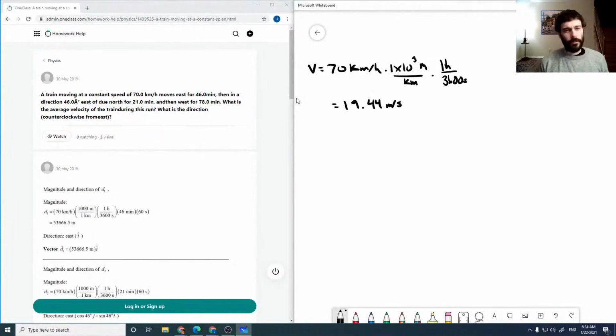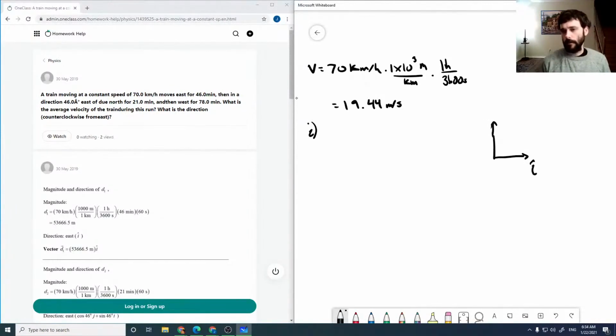So we have 3 directions that were given here. For our first one, it says that we move east for 46 minutes. So I'm going to go ahead and set up an axis system and use X, Y, or I guess I might as well in this case use I, J. I'll just have to be consistent.